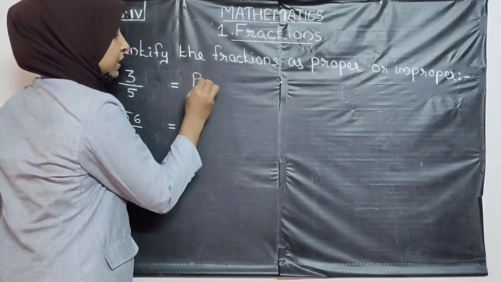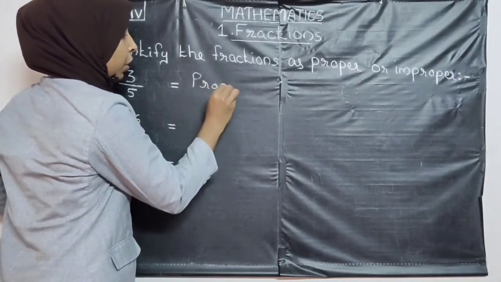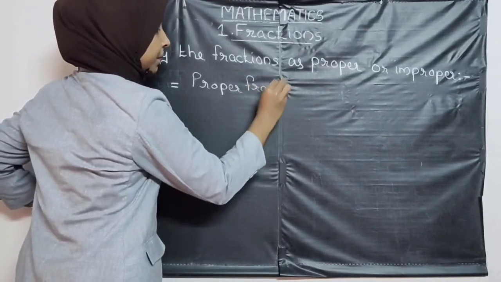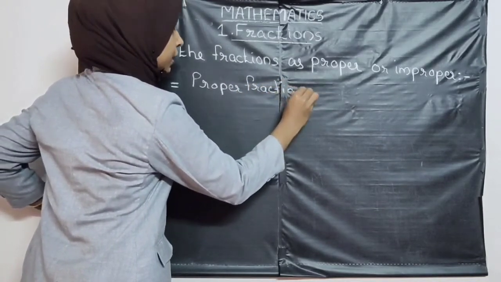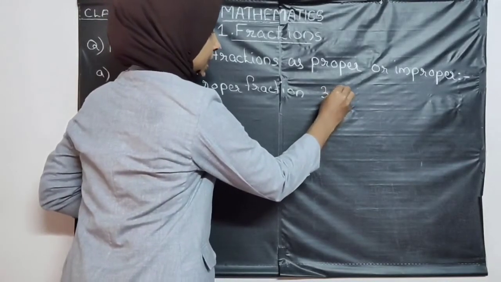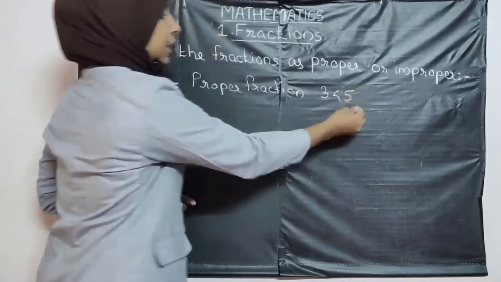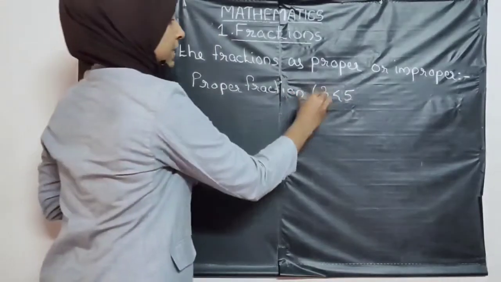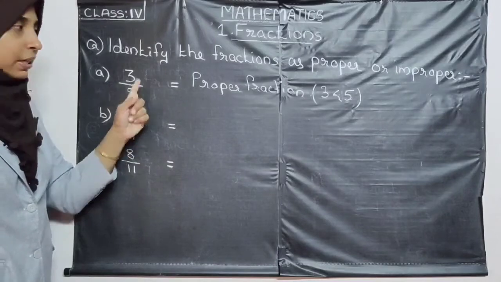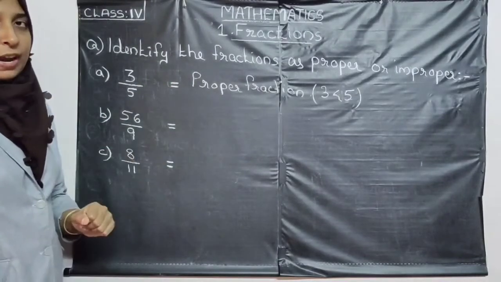We can write: this is a proper fraction, because here the numerator is 3, and 3 is less than the denominator. That is, the numerator is less than the denominator.